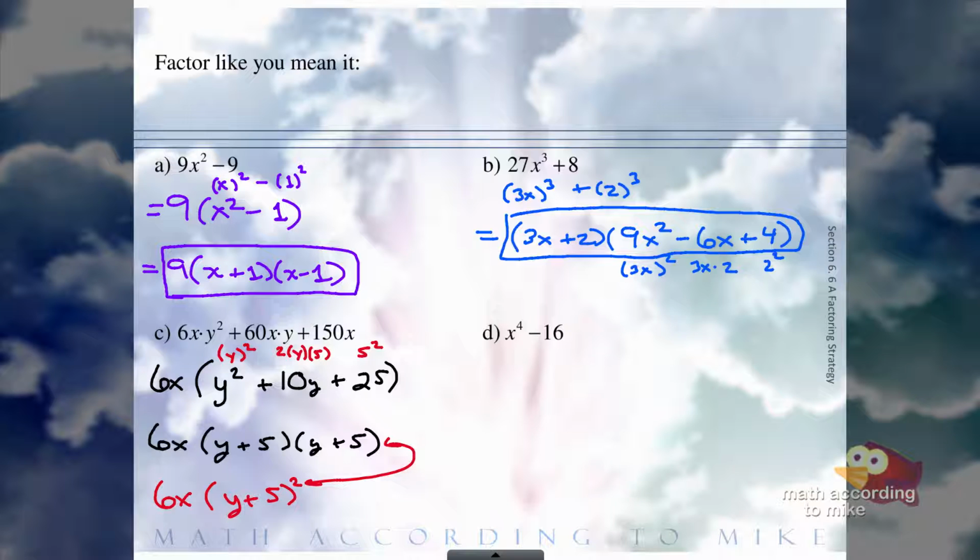Part D, x to the fourth minus 16. X to the fourth minus 16 is two terms with a difference in between them. And notice each term is a perfect square. It's x squared squared makes x to the fourth, and 16 is 4 squared. So using the formula for a difference of squares would be a plus b, a minus b.